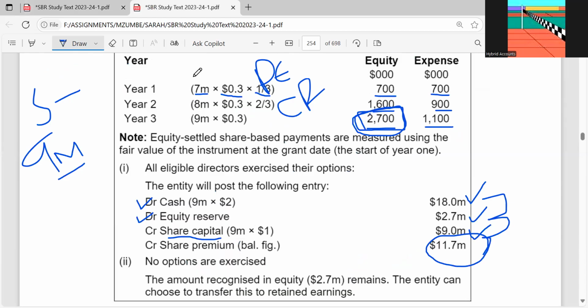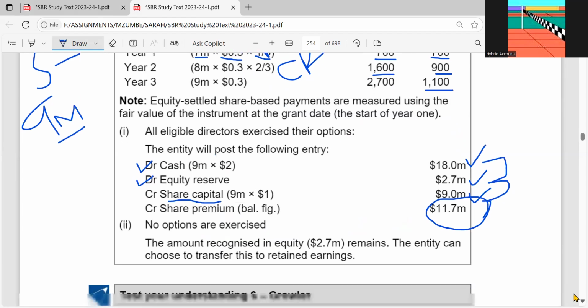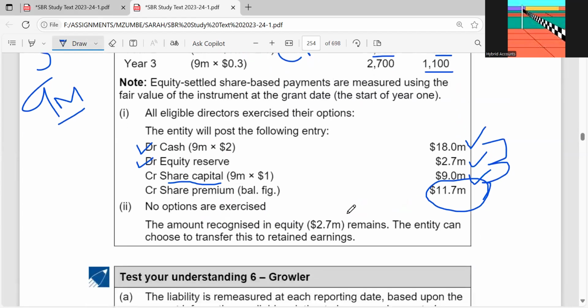So this 2.7 million that you see in front of you would remain in the books. It would be the choice of the company. You either leave it in the books, or since it would remain forever, the company would have an option to convert it to retained earnings. The entity can choose. It is not forced, but it can choose. This is the equity, and it was a credit nature.